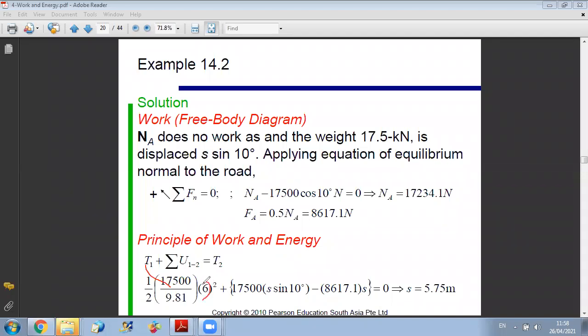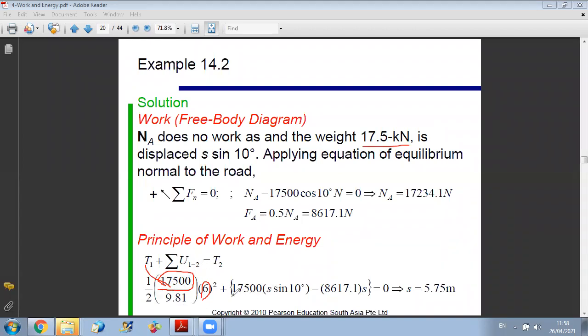V is 6. Here they gave us the weight, so we should divide by g to get the mass. It's 17.5 kilonewton. This is why they multiplied by 1000 to have Newton unit. Over g, we will get the unit in kilogram for the mass.